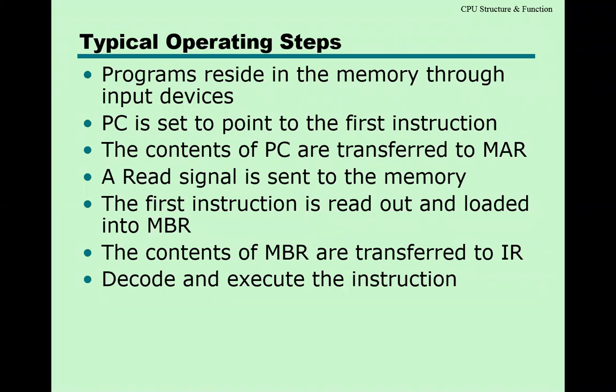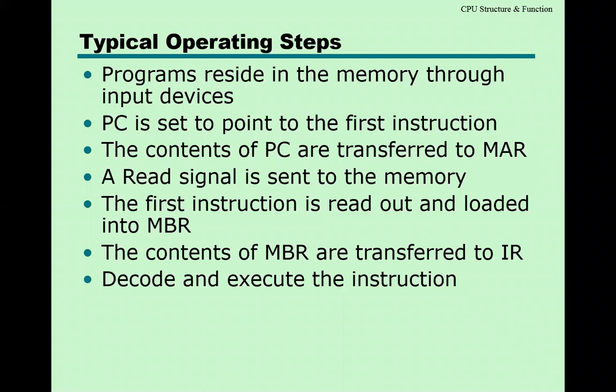So PC is set to point to the first instruction. So we have seen the program counter. It holds the address of the first instruction. Then, in our example, we have not considered MAR and MBR. If you are referring to another book, you will find MDR, memory data register, instead of MBR.